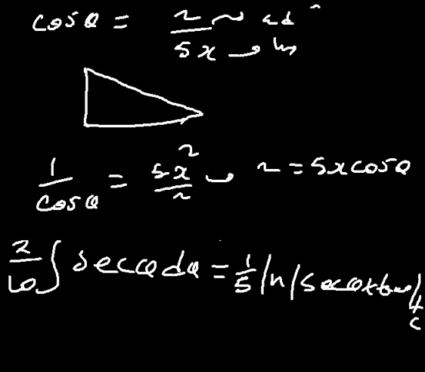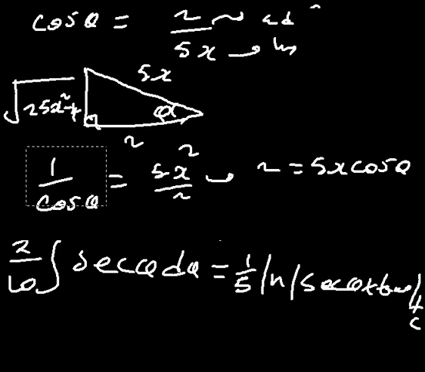If this is the angle theta, and that is 2, and this is 5x, then this side corresponds to the square root of 25x squared minus 4, using Pythagoras theorem.